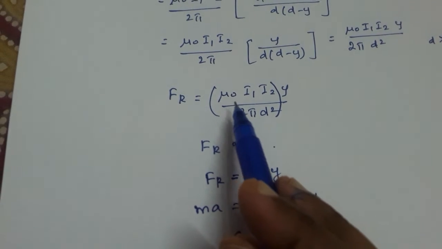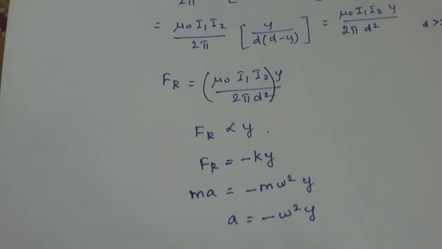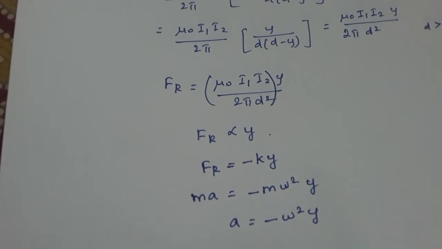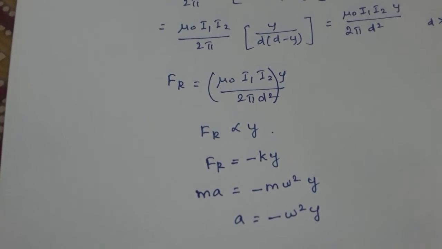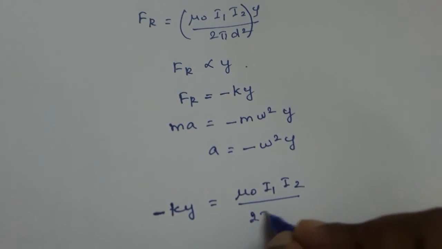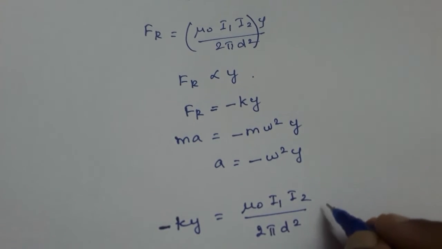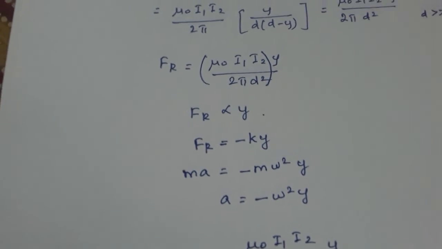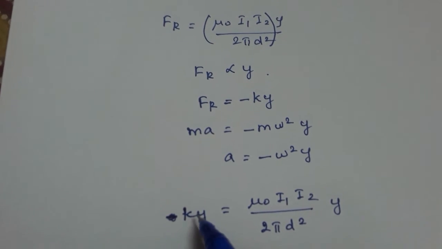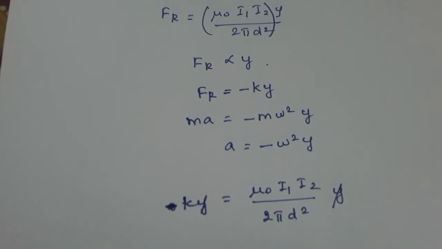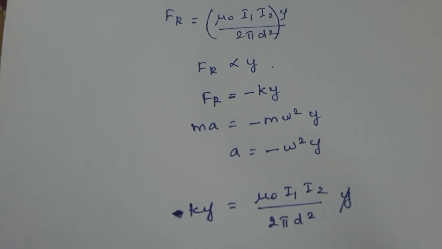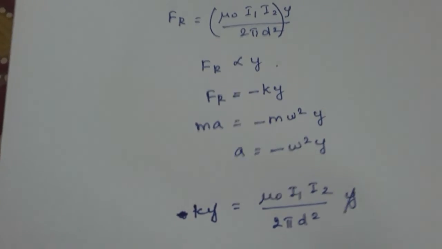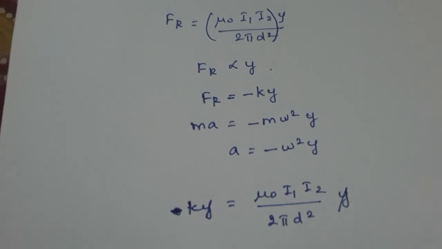I am going to substitute minus ky in this equation: minus ky is equal to mu 0 I1 I2 by 2 pi D square into y. This is also minus, so y and y will get cancelled. So k is equal to mu 0 I1 I2 by 2 pi D square.